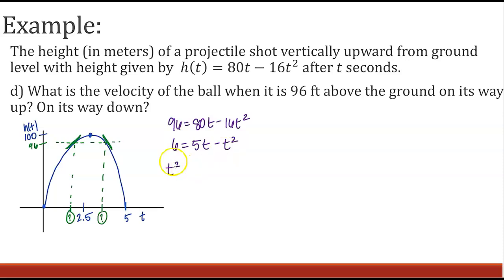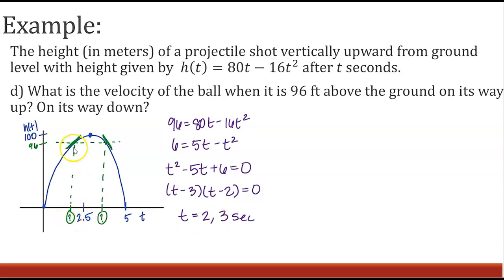I'll add the t squared to the left, subtract the 5t, leave the plus 6, and set it equal to 0. This is the best case scenario because this thing factors to t minus 3, t minus 2. So we get t equals 2 and 3 seconds as those missing times.